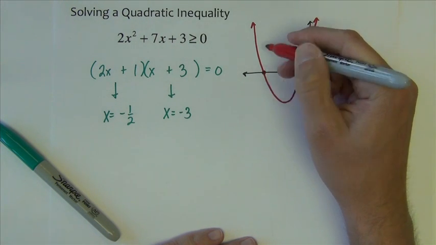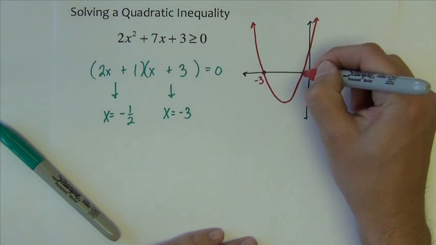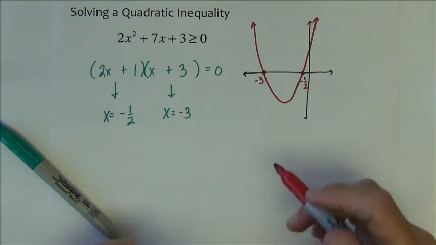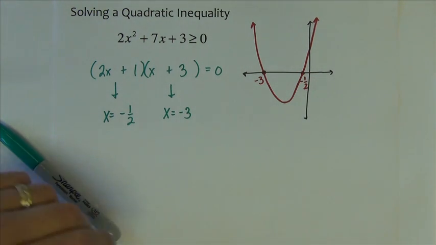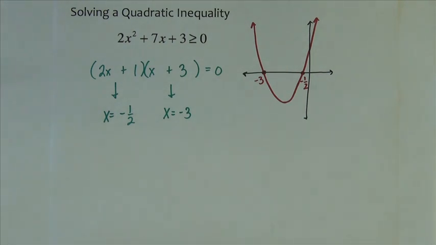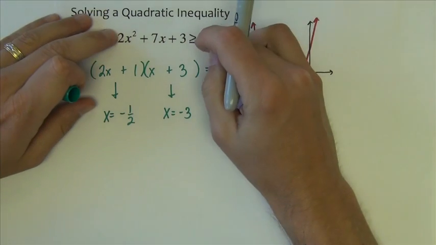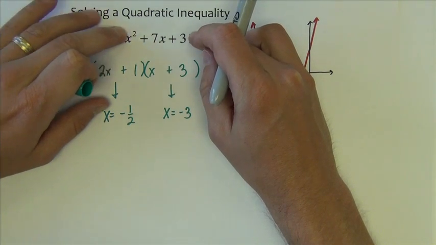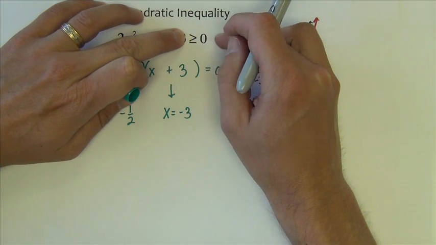Crosses through the x-axis right here at -3 and right here at -1/2. Okay, so what I want to know then is where is the graph of this parabola, the U-shaped graph that I have here, where is it greater than 0?